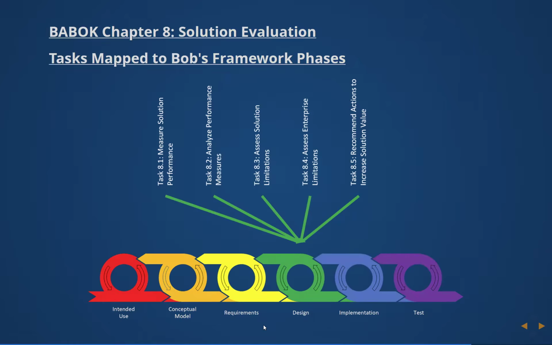So the overall trend of the way the BABOK is suggesting that you do the work, it goes in the same order. Now it covers a smaller part of the process, the entire engagement, but it does go in order. It is a valid way to tell the story.